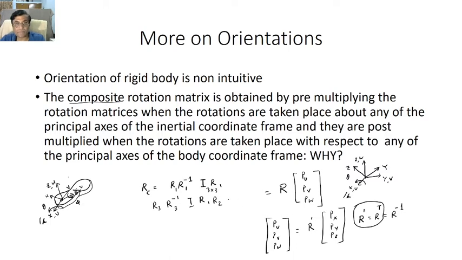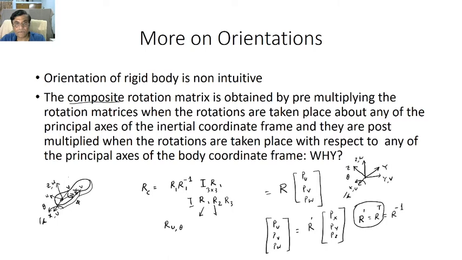I multiply both sides. So what you are observing, and this is again a unitary matrix. So what you are observing, and this could be, say, rotation about the x-axis of the body coordinate frame by an angle theta.